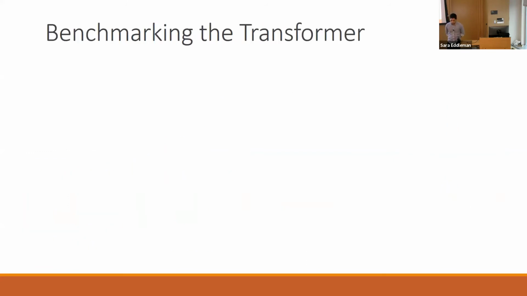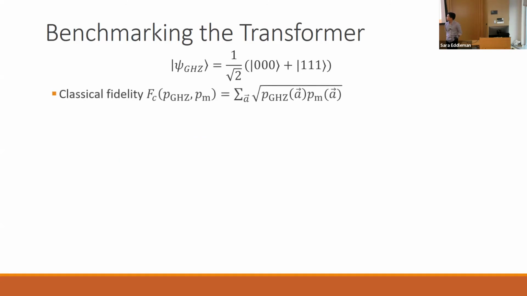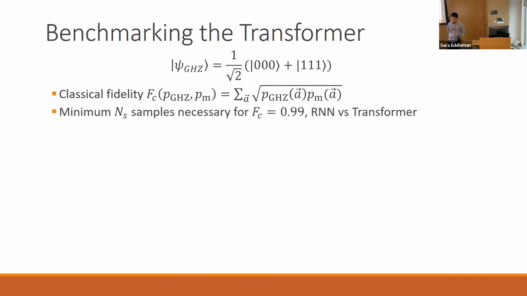So first we'll benchmark the transformer. And so we'll be studying the GHZ state, which has a state that looks like this. And we'll measure our accuracy of construction by the classical fidelity. And so this is a number that goes to 0 if the two states are completely different, and 1 if the states are completely equal. And we'll be plotting the minimum number of samples necessary in order to achieve a certain classical fidelity and comparing the result of the RNN versus the transformer.